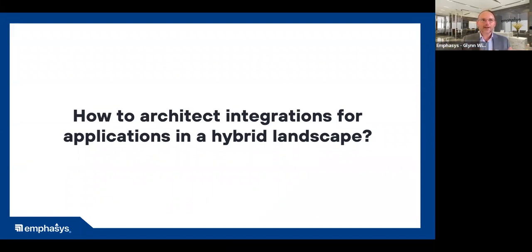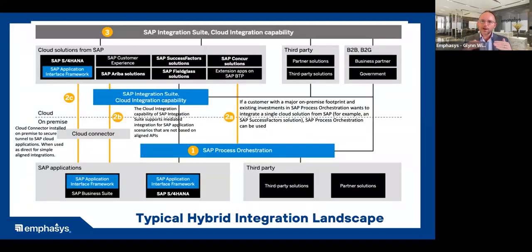And so what we see a lot of companies do is that they slowly progress over time, and they have their PO in place, and they have their on-prem and their cloud systems, and then they have their integration between their on-premise solution of SAP and their third-party applications. But they're also bringing in their integration suite as a capability. And by doing that, there's a number of patterns that one can create. This is a typical hybrid integration landscape that you could use and you could reference.